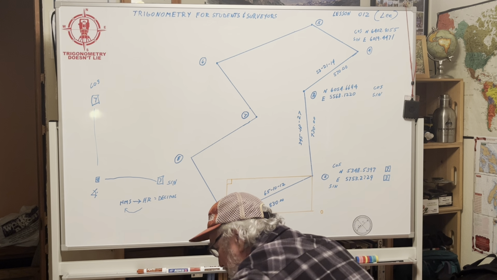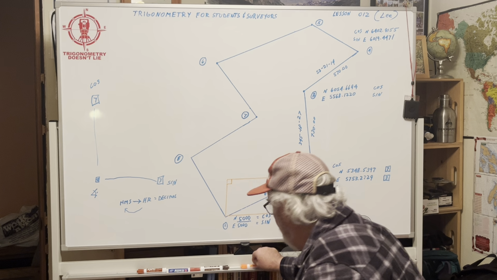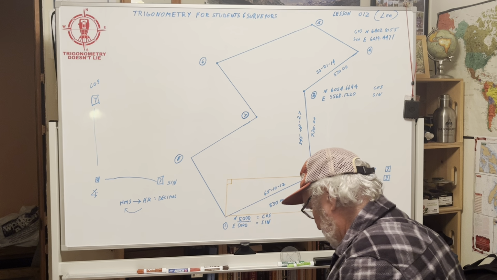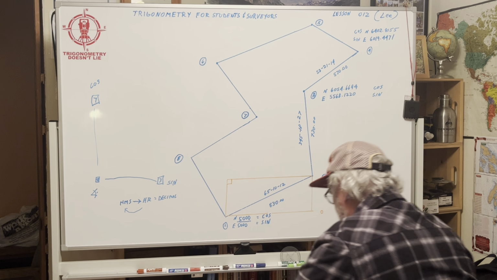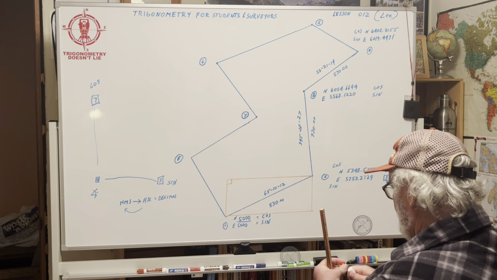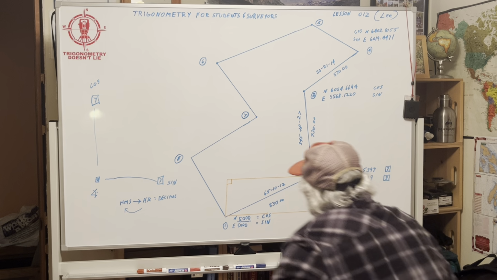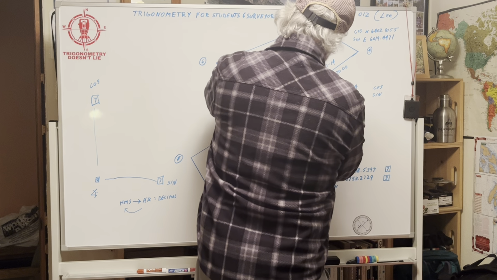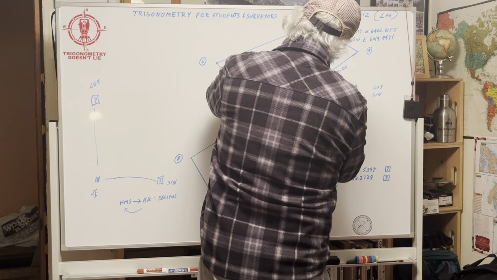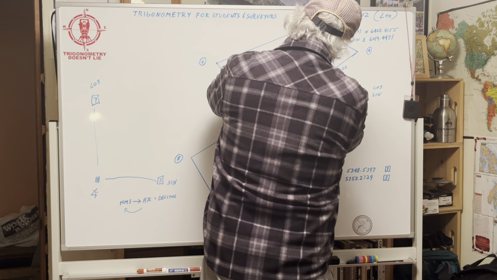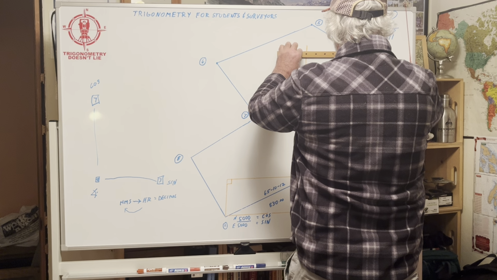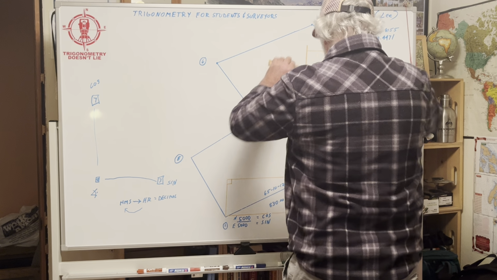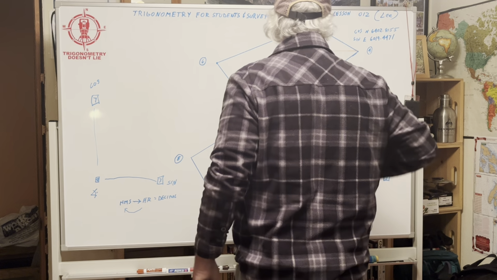I think I could probably do this one. Okay, I'll just do this one just to show you. I don't think I'll obscure too much of my writing. So we're going northing, easting. Okay, I can do a better north than that.